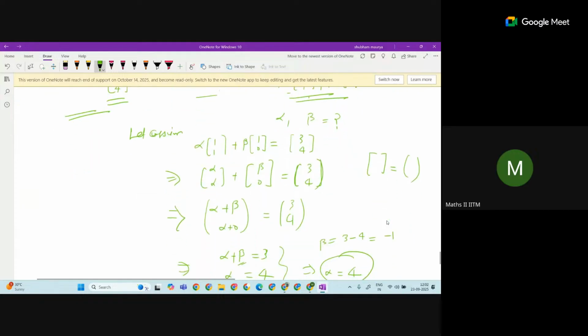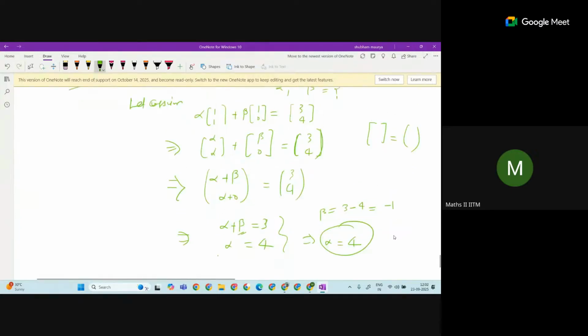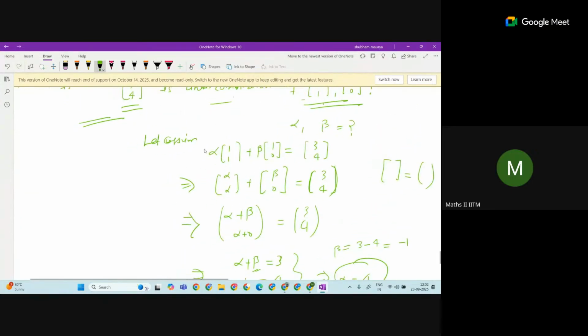Is this wrong? One minute. Yes, this is correct. In place of alpha we put 4 times (1, 1), and beta is minus 1 times (1, 0).